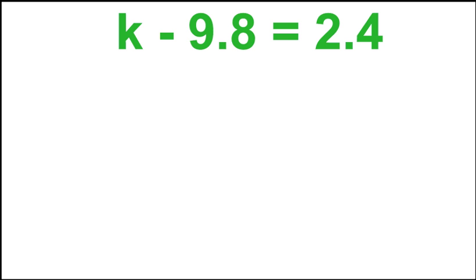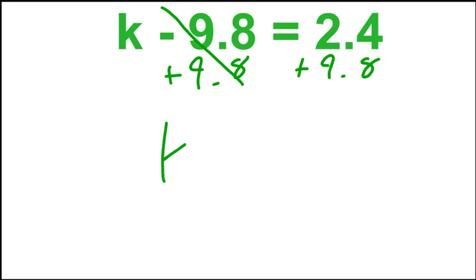So we add. We're adding 9.8 to each side. Cancels out on the left, so we just got our variable, which is what we want to do. We want to get the variable by itself.